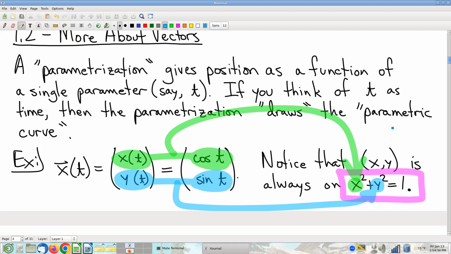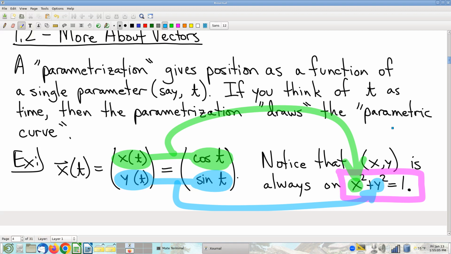It's the old Pythagorean identity. Right? So what that tells me then is that as I draw this curve, whatever this curve is, my pencil will never move off of this unit circle, which is pretty strongly suggestive that we're drawing the unit circle. Does that make sense to everybody? Is everybody happy? Is everybody following?